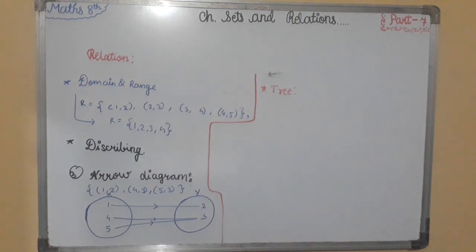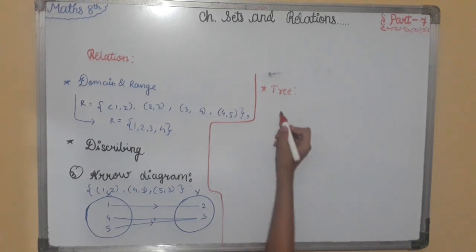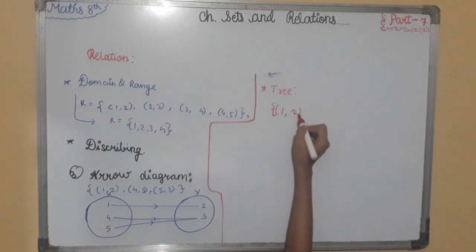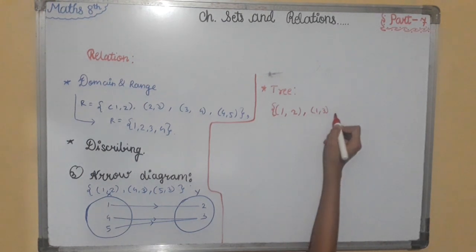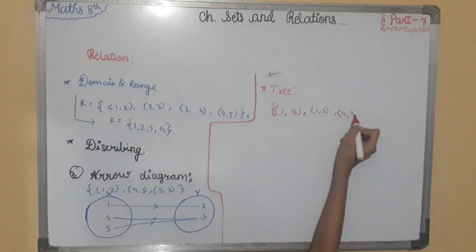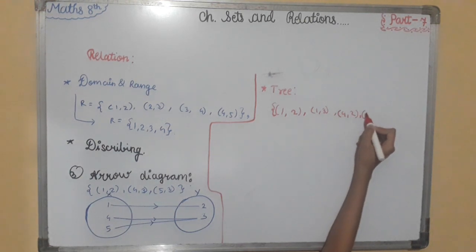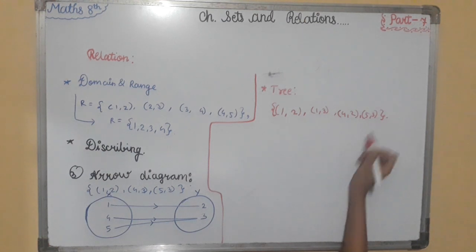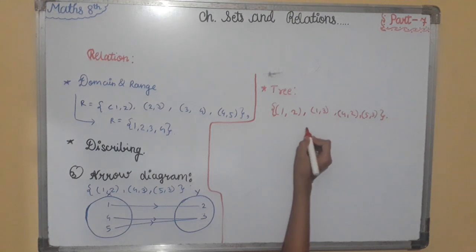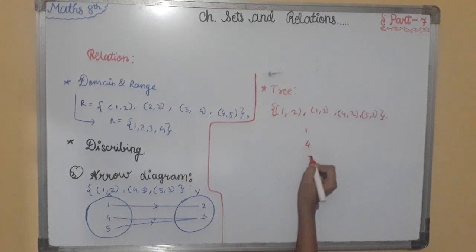If the relation between two sets is described as {(1, 2), (1, 3), (4, 2), (5, 3)}, it can be represented in the form of a tree diagram like this: 1, 4, 5.